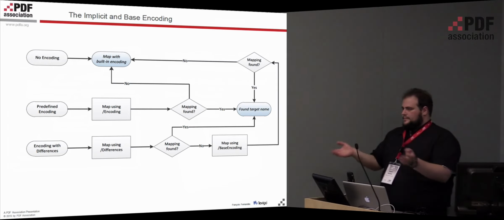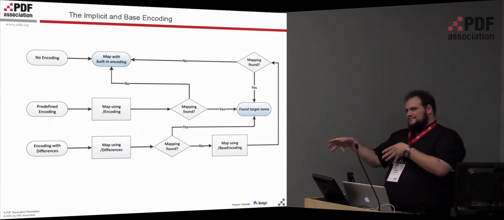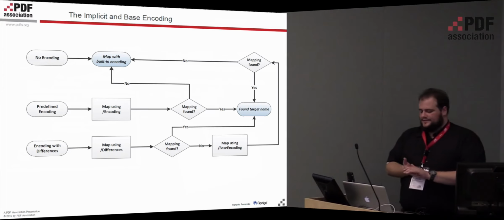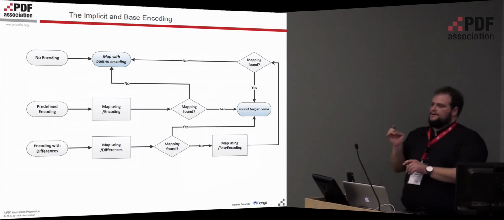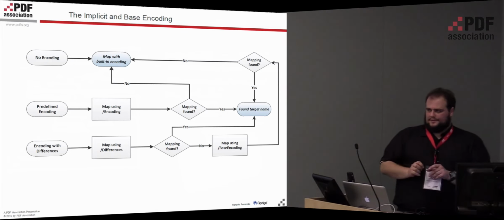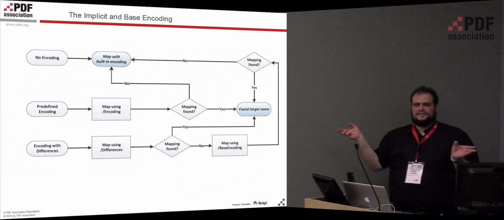Predefined encodings, as seen before: we have some kind of encoding, and this is the moment where it gets interesting. If the predefined encoding does not have a valid mapping, we have to fall back to something, and this is falling back to the built-in encoding somehow.